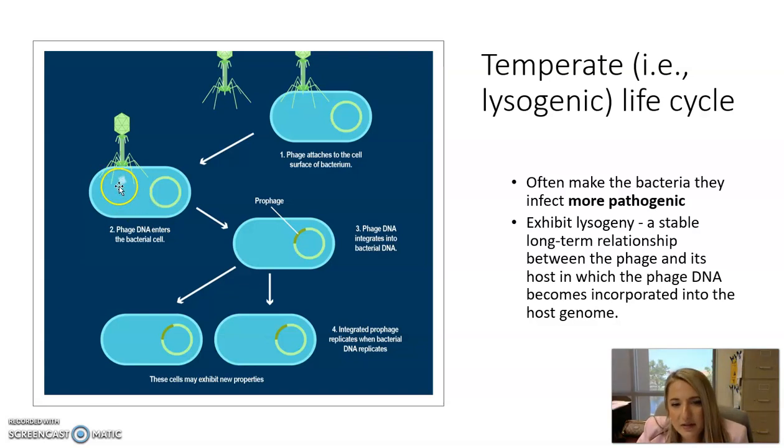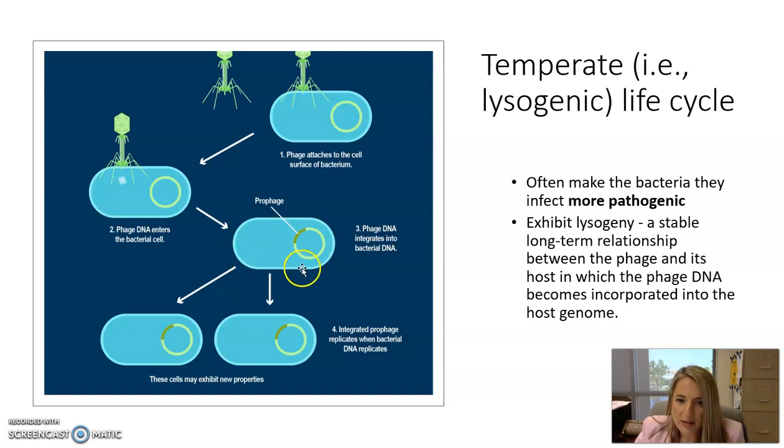Instead, the bacteriophage DNA is actually going to incorporate itself into the DNA of the bacterium. So the bacteria is going to stay alive and well. It's not affected. It now just has some extra genetic material. So it has all its original bacterial DNA, but now it has this little extra piece that originated from the virus.